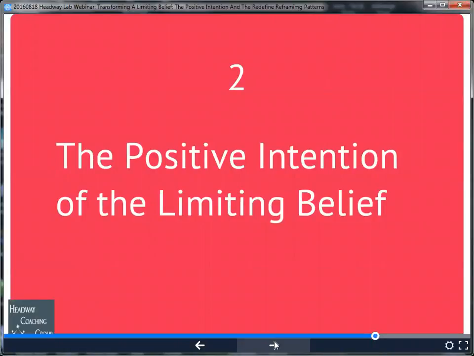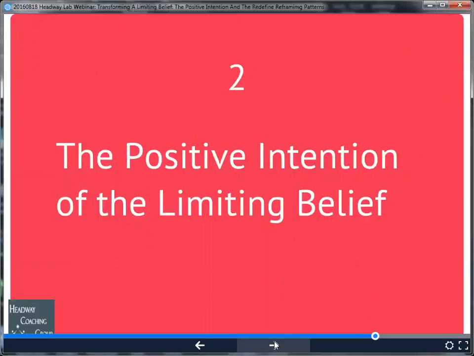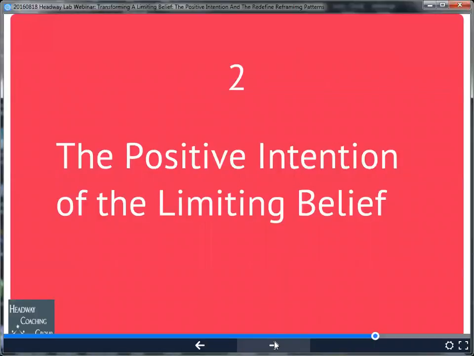Then after we worked with the second statement, we ask them, okay, now I would like you to make a step forward, and at the same time when you are there, state the second statement out loud and feel how true it is.